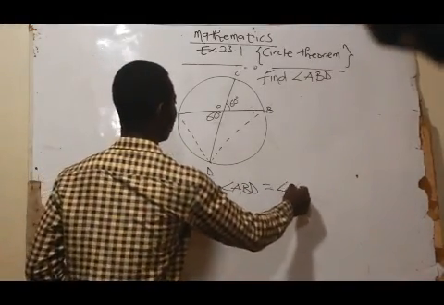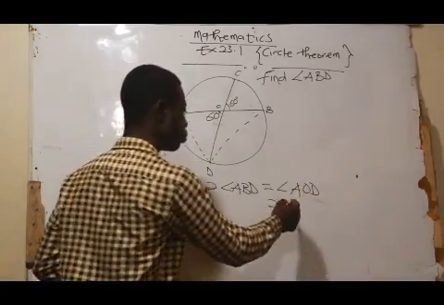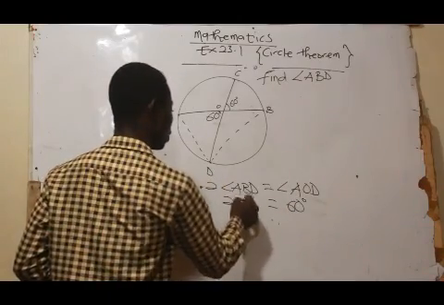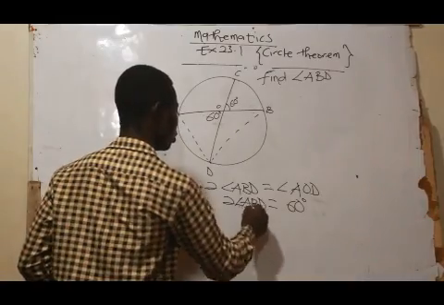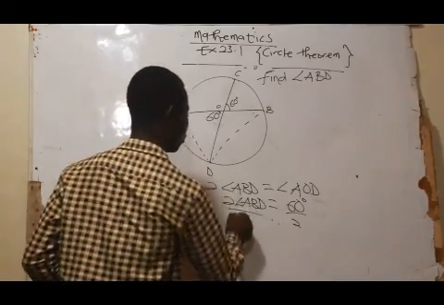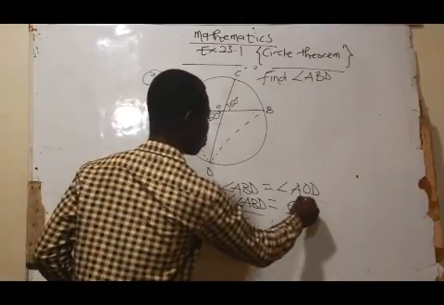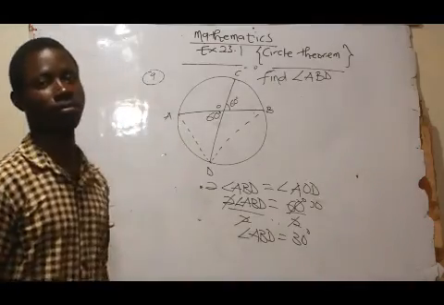Angle AOD. And angle AOD, as we know, is 60 degrees. So we have twice of angle ABD. When you divide this side by 2, you get angle ABD becomes equal to 30 degrees.